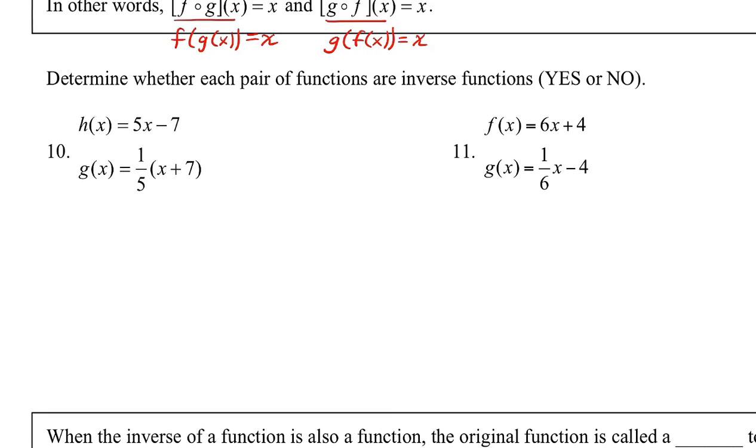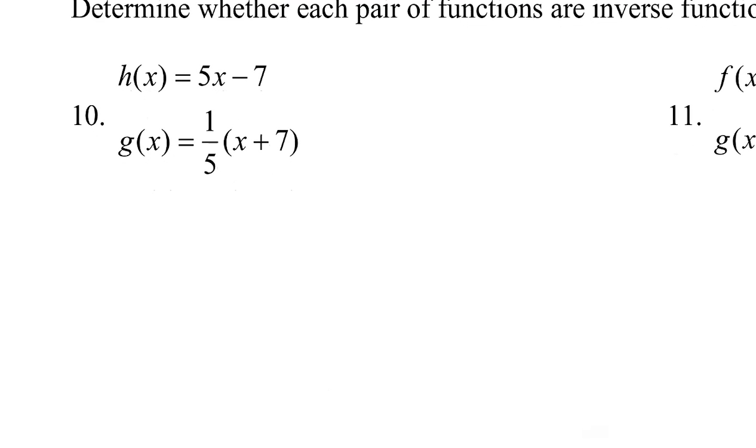So on number 10, it says determine whether each pair of functions are inverse functions, yes or no. The way that we determine that is first we'll determine: does h of g of x equal x? This is a composition of functions.